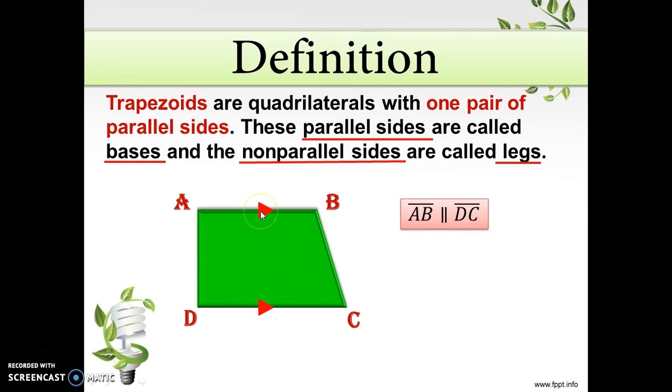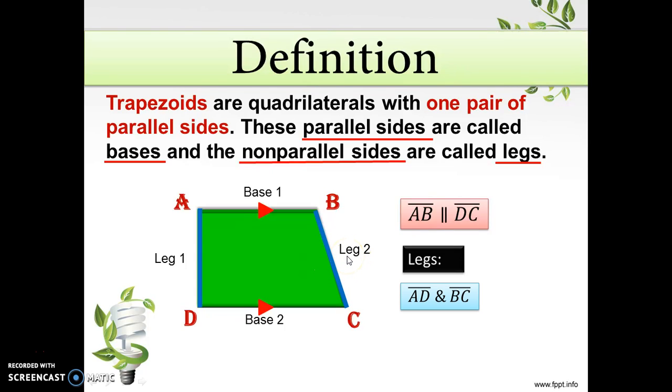So we can have this as the base number 1 or the upper base and base number 2 or the lower base. And the non-parallel sides are this segment here, highlighted segment, and also this one.